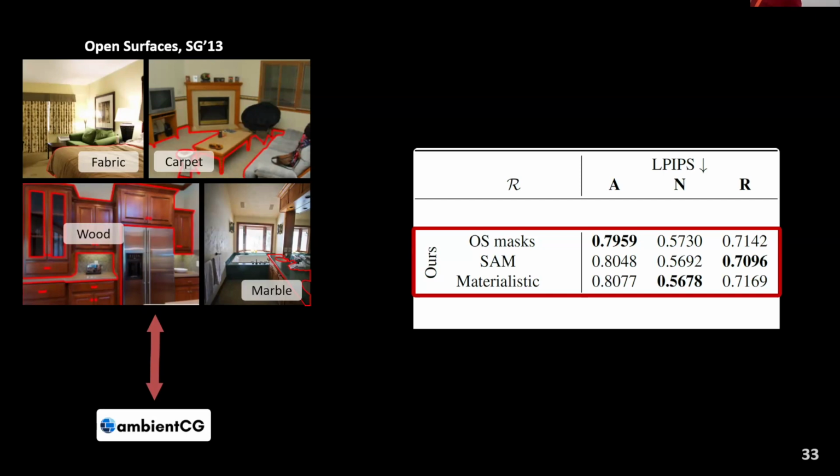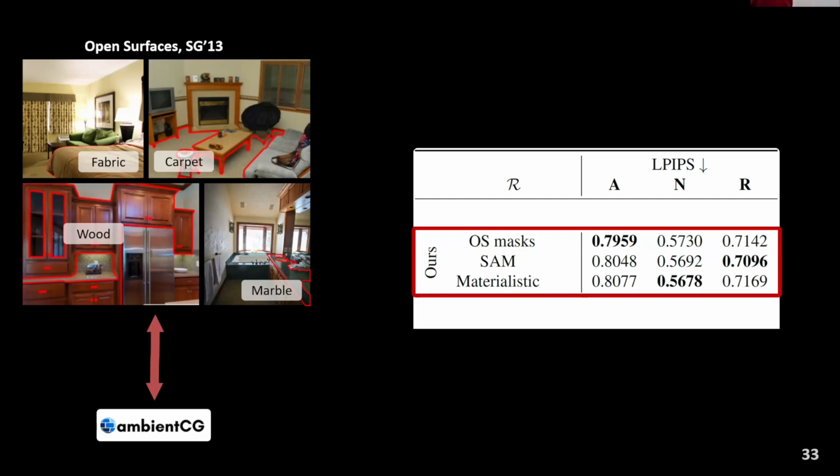And what we propose is mapping this OpenSurfaces data set with the AmbientCG data set. We map the ontology of the two data sets such that for each labeled region in OpenSurfaces, we can know what the possible synthetic materials are that correspond to that material region.